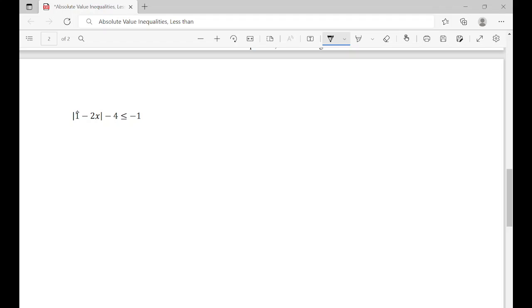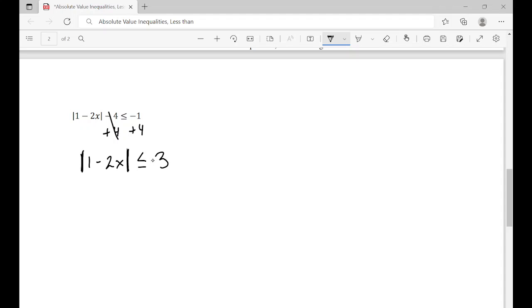Last, absolute value of 1 minus 2x, minus 4, less than or equal to negative 1. So to get the absolute value by itself, I'm going to add 4 to both sides. So I get absolute value of 1 minus 2x, and I want to emphasize it's an absolute value so you don't confuse the 1, less than or equal to positive 3.